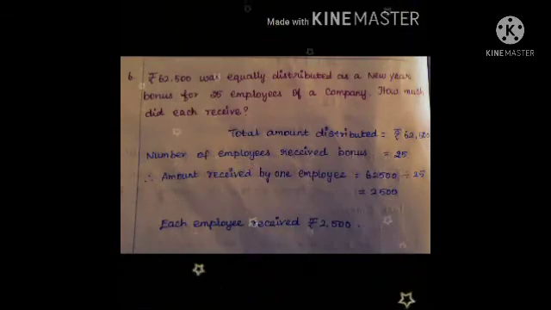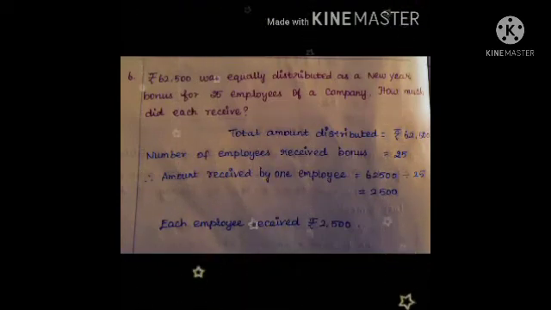The given amount is the total amount for 25 employees. They are asking how many rupees each person is going to get as the bonus for the New Year celebration.